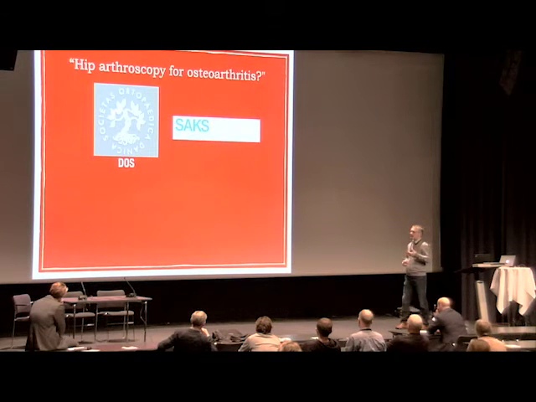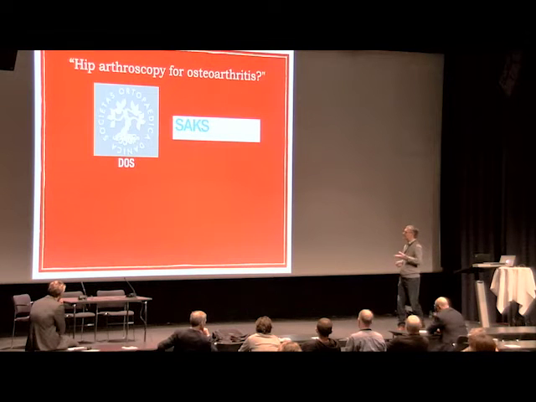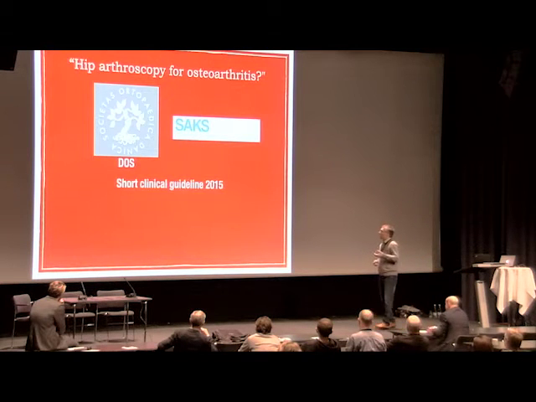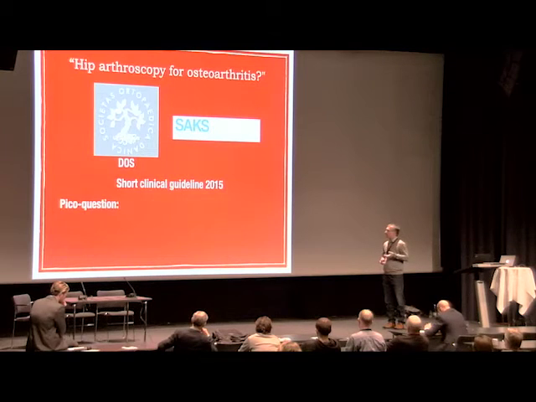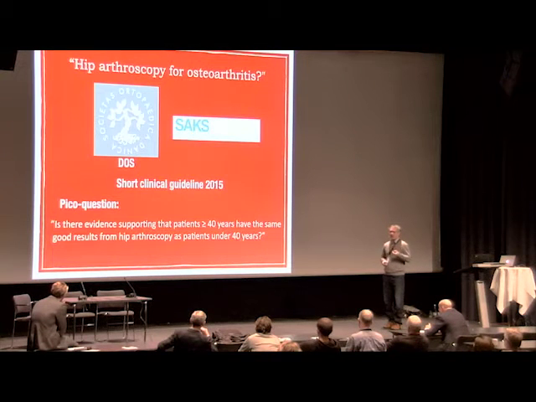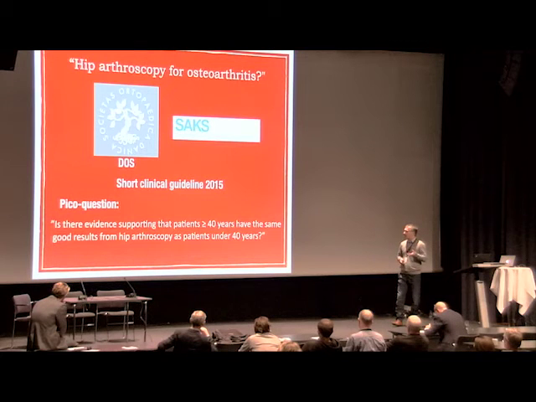And actually, last year we did a short clinical guideline for the Danish Orthopedic Society and for the Danish Arthroscopic Society. And we had a PICO question that said, is there evidence supporting that patients over the age of 40 have the same good result from hip arthroscopy as patients under 40?